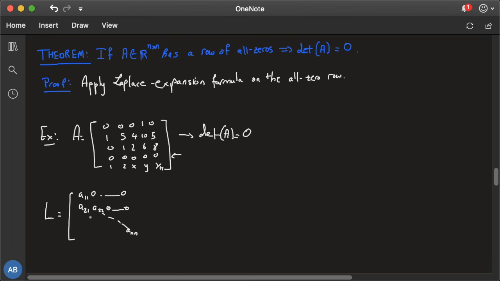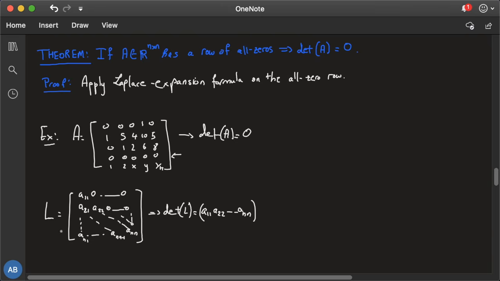So everything that is above the diagonal entries is all zeros, right? It turns out that the determinant of L is nothing other than the product of its diagonal components. That is A11, A22, down to ANN. Very easy to compute. It consists of multiplying only the diagonal components of that matrix.